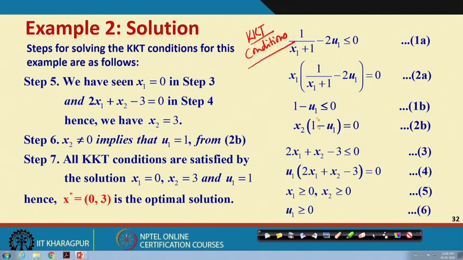All the KKT conditions. So, look here, 1 plus x1 plus 1 minus 2 u1 less than or equal to 0, x1 into this equal to 0, 1 minus u1 less than or equal to 0, that is x2 into 1 minus u1 less than or equal to 0.